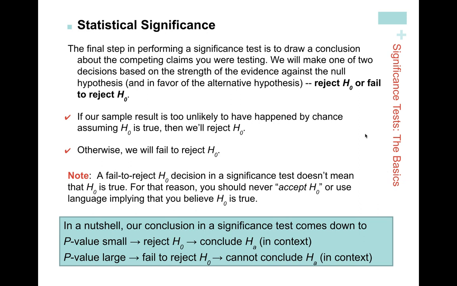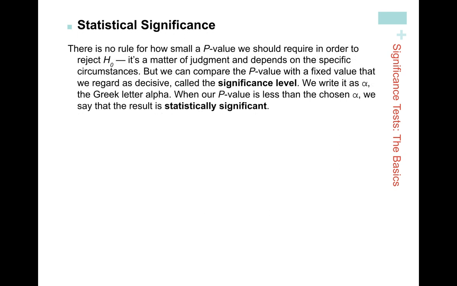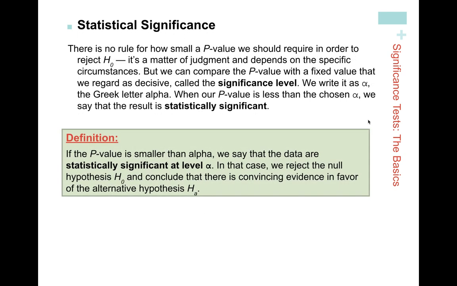So if we get a small p-value, a p-value less than what we call the alpha level, the alpha level is the threshold value which determines whether we're going to reject or fail to reject the null hypothesis. There is no one set alpha level that fits every circumstance. It depends on what scenario you're in.